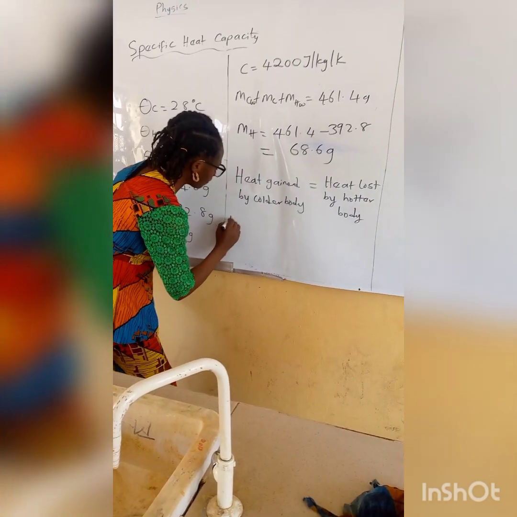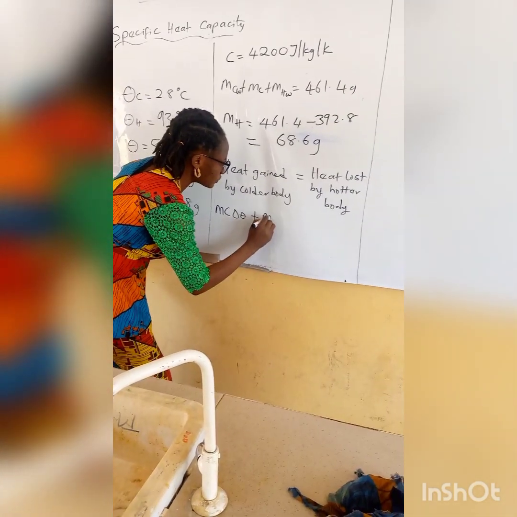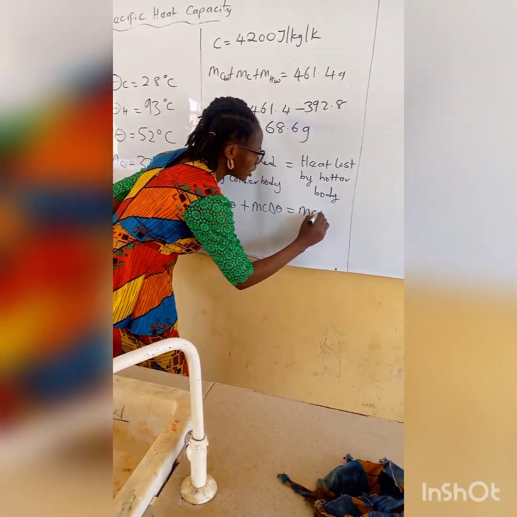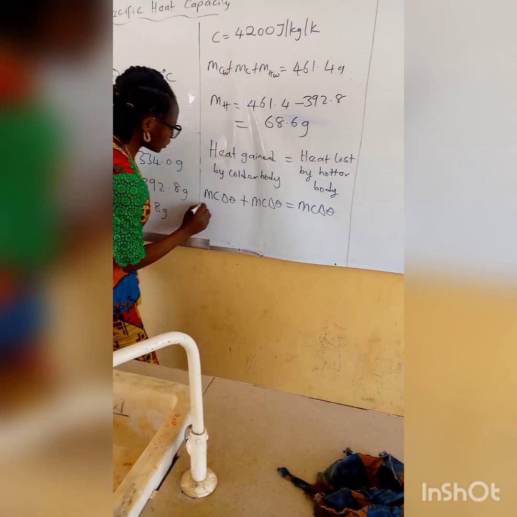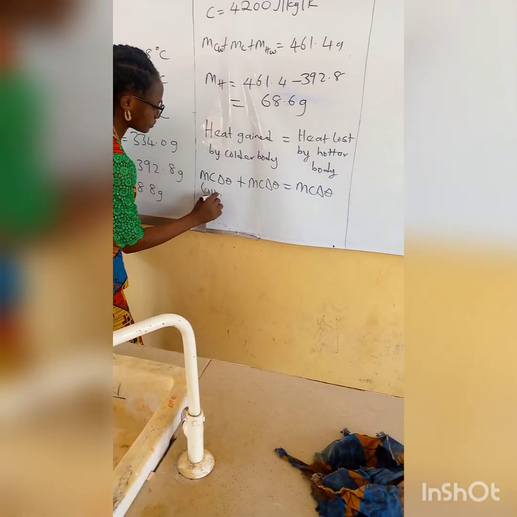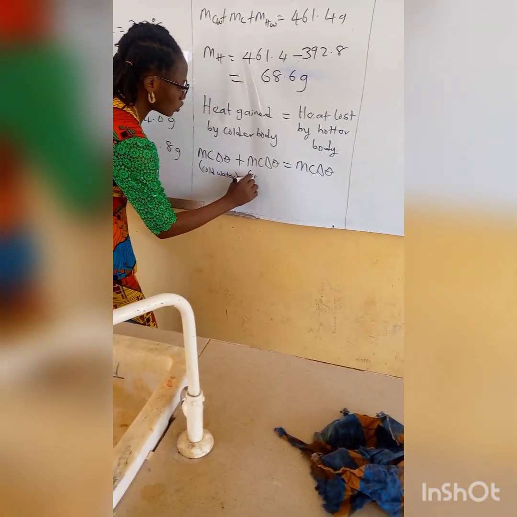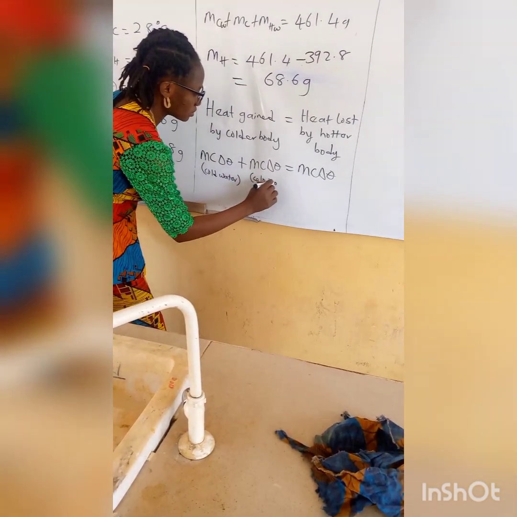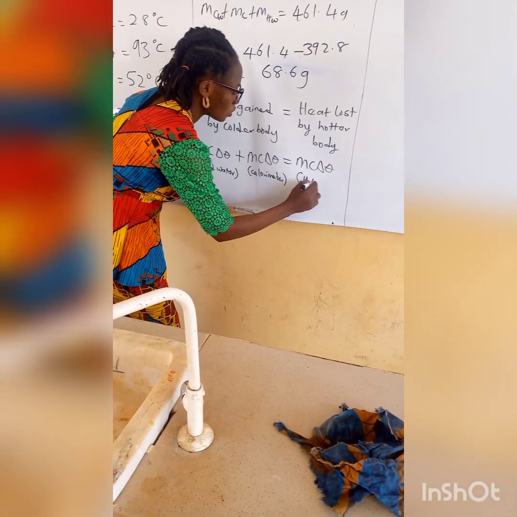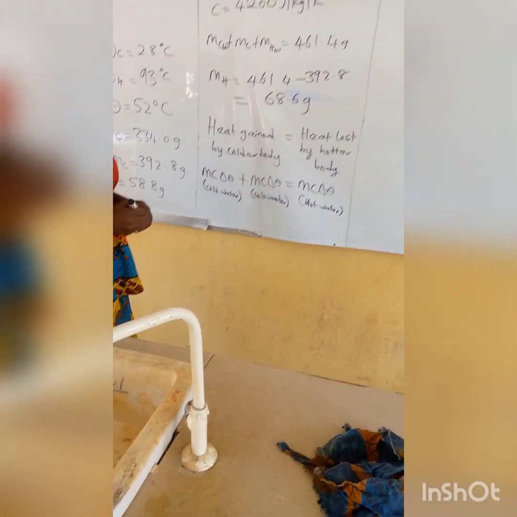So here we'll have MC change in theta plus MC change in theta equals MC change in theta. This one is for the cold water, this one is for the calorimeter, while this one is for the hot water.